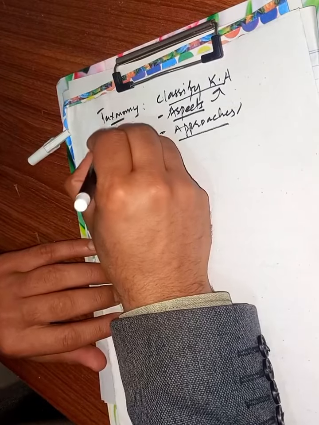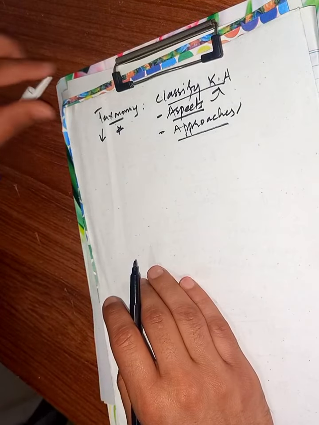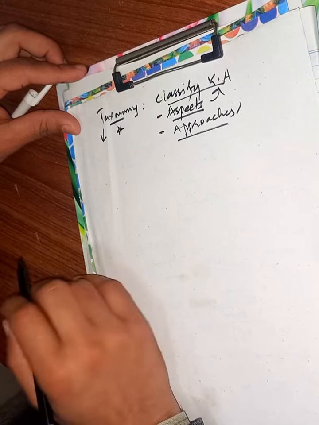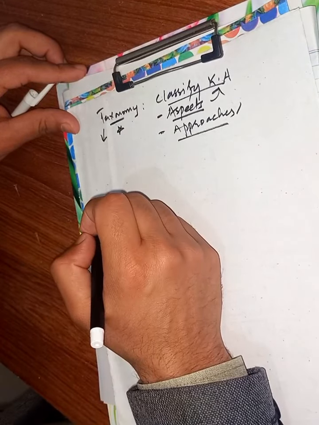For example, if you are classifying the whole kingdom Animalia, you are required to have different criteria to divide it.